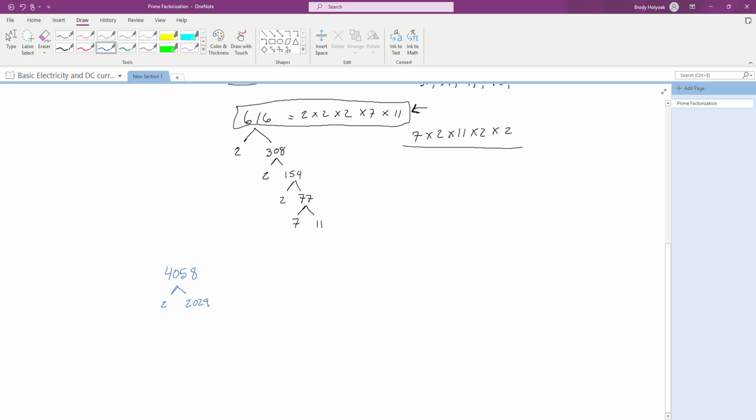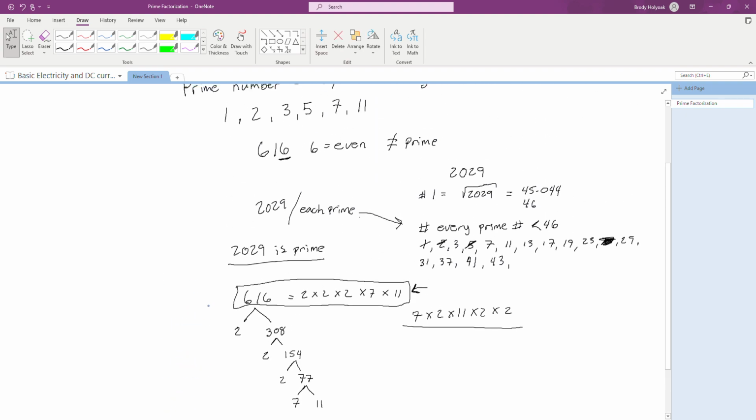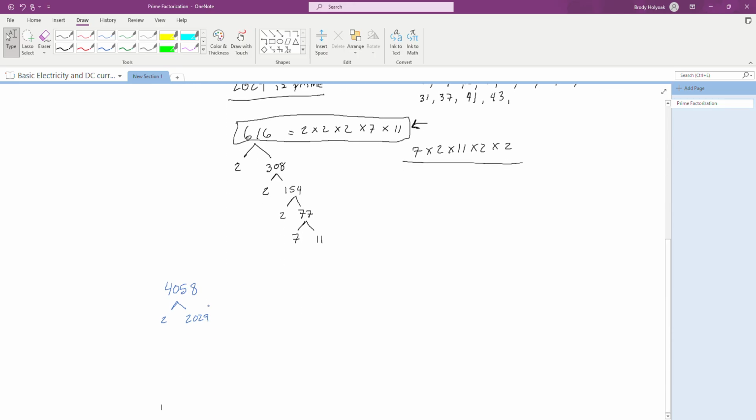Well, like we looked at earlier, I'll scroll up to it, we found out that the number 2029 is a prime number, so when it comes to this 4058, 2029 is as far down as it can go, and so the prime factors of 4058 are simply 2 times 2029.